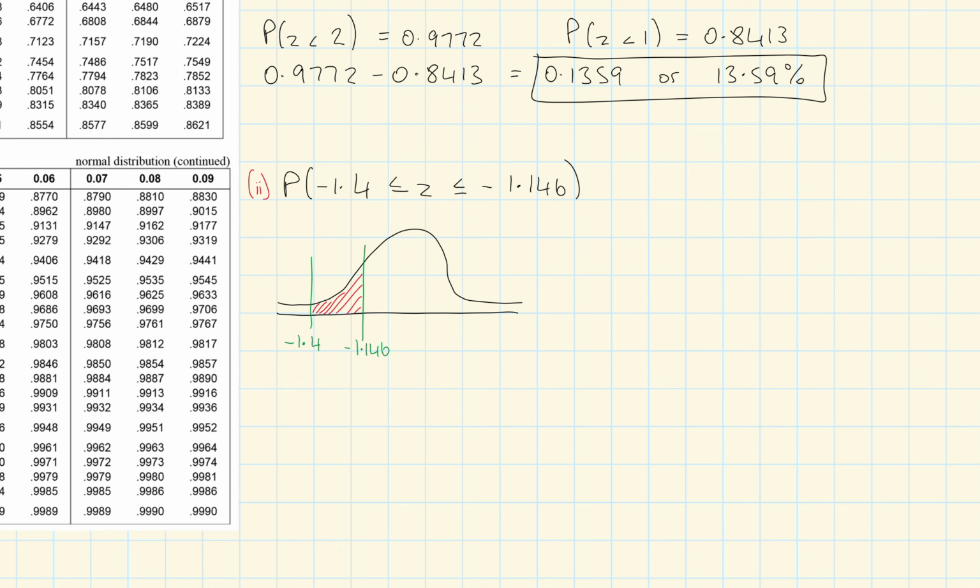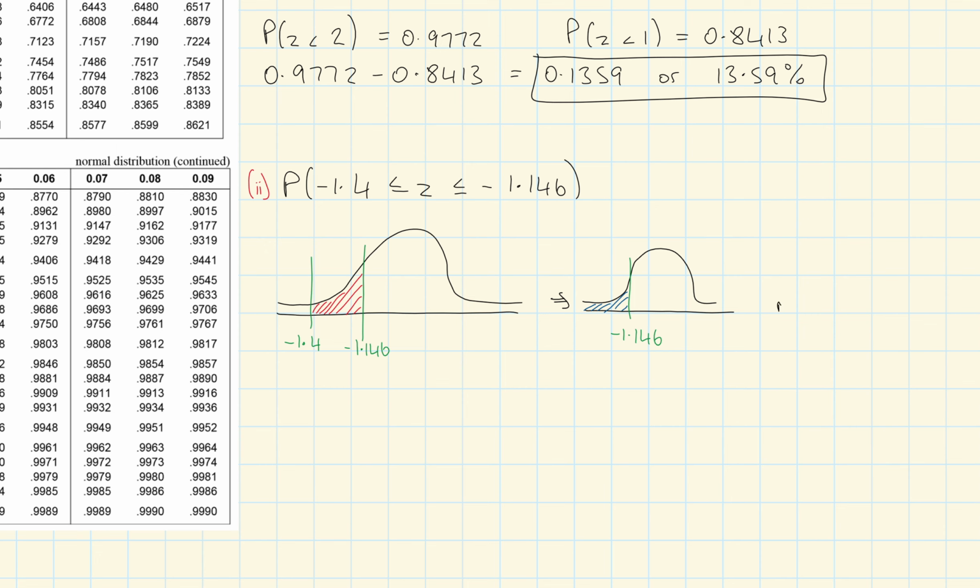So if we see here, again, we can figure out the area to the left of minus 1.146, but we cannot figure out the area to the right of minus 1.146. So we'll split it up into its shapes. I know I can figure out minus 1.146, this area here.